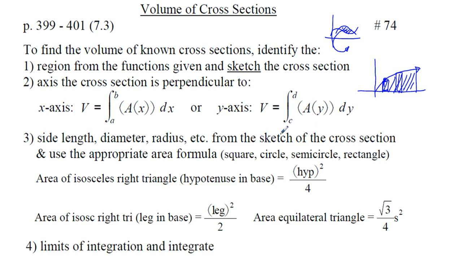And you're looking at the basic formulas for area. There's a square, which is area equals side squared. You have a circle, area equals pi r squared.